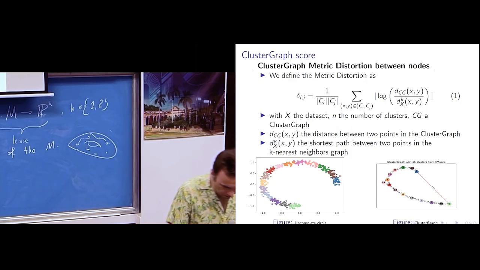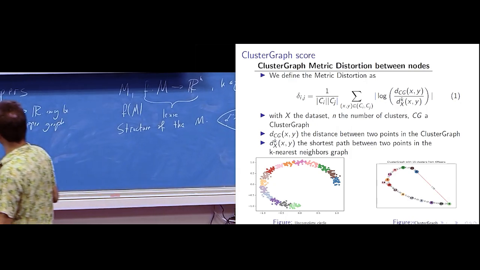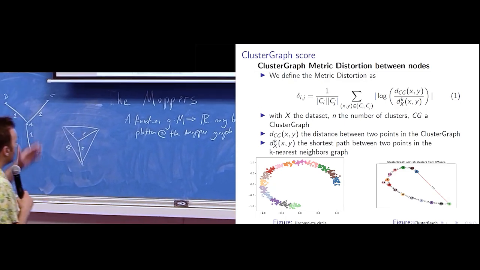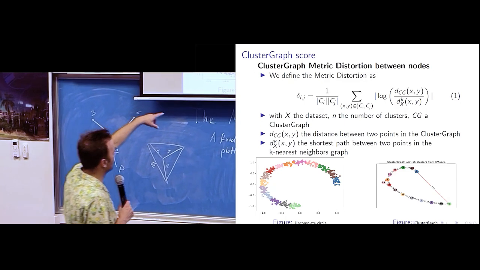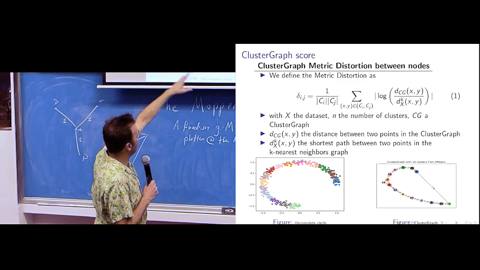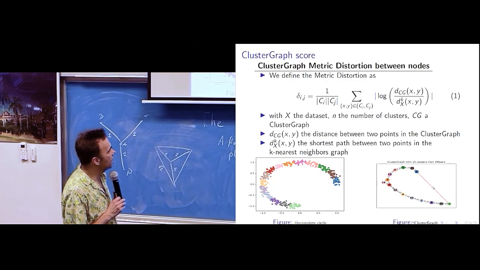Let's say I have this picture over here, which is this cross-shaped data set. What I did over here was to use k-means with k on the order of 10 or 15. We see those different clusters.